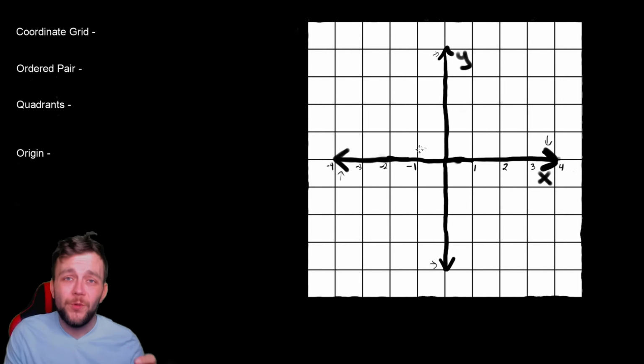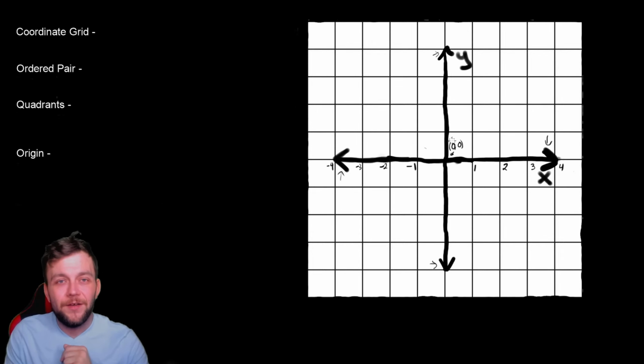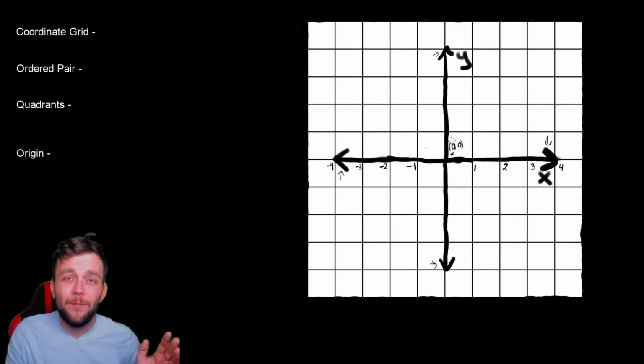And what do you suppose is right in the middle? It is 0, 0. That is the point 0, 0. And since we have positive numbers on the right side of the x-axis and negative numbers on the left side, what do you suppose the top numbers on the y-line are?